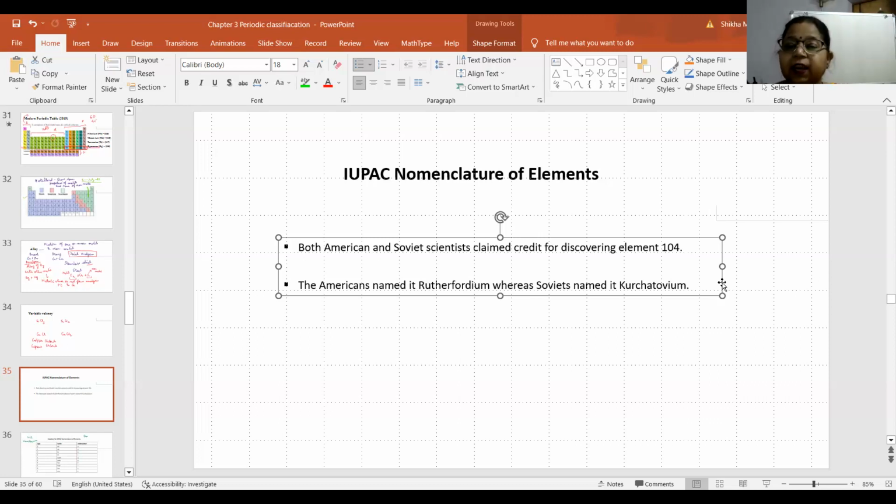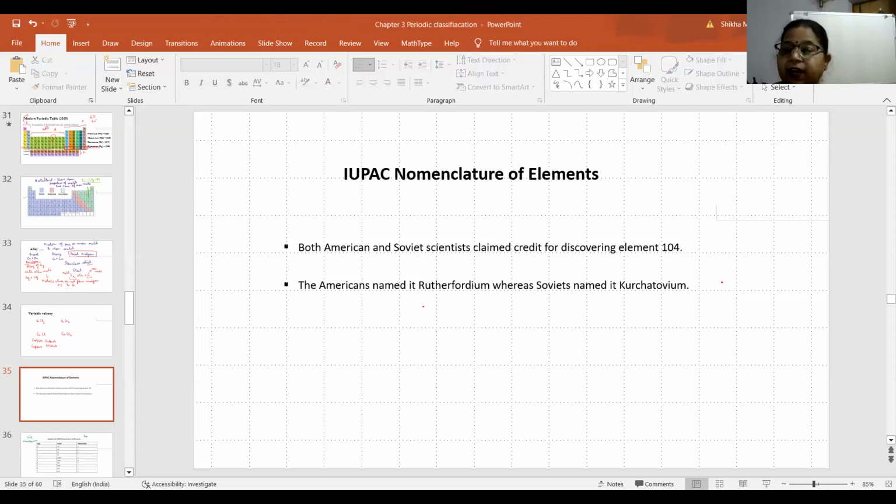So Americans and the scientists from the Soviet Union discovered the element with atomic number 104 at the same time. Together does not mean working together, but at the same time. And the Americans called it Rutherfordium, and the Soviet people named it Khrushchetovium.